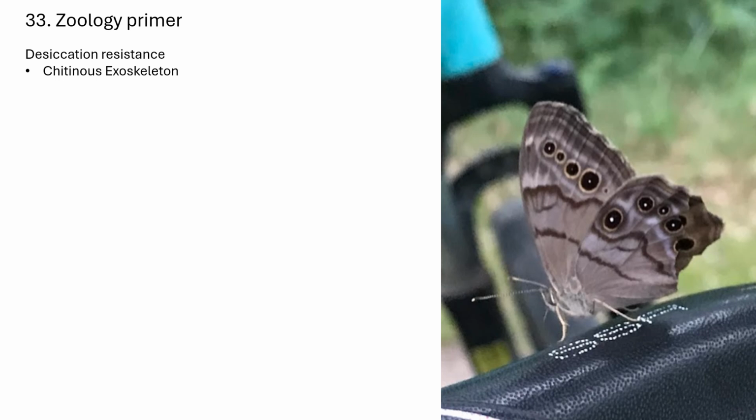It's got its skeleton on the outside, has to go through a time where it actually outgrows its skeleton and must molt. But these exoskeletons are made of a material called chitin, which is a really good protective covering. It's a great place to anchor your muscles, but it also prevents water loss, and it allows these things to live in a terrestrial environment. It allows them also to limit water loss in the wintertime.